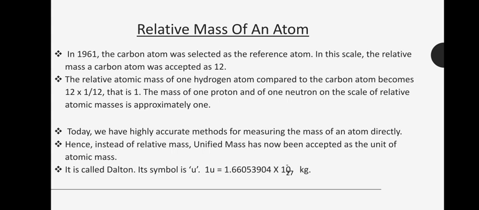So then we consider unified atomic mass and not the relative mass, because relative mass is not as accurate as unified mass. So what is the unit of atomic mass we consider? That is Daltons, and it is symbolized by small u, and 1 unit is equal to 1.66053904 into 10 raised to the power minus 27 kg.